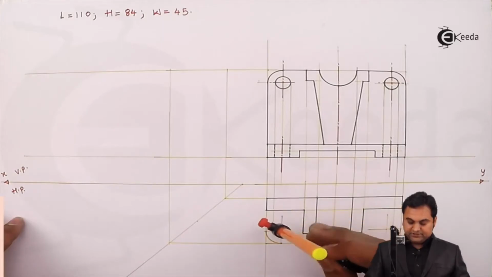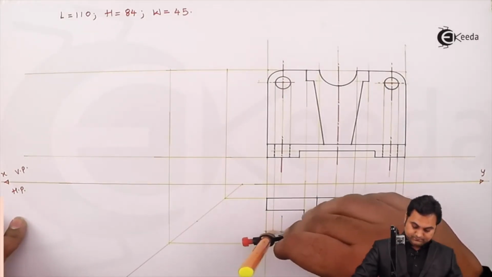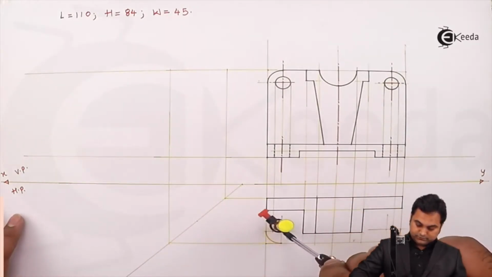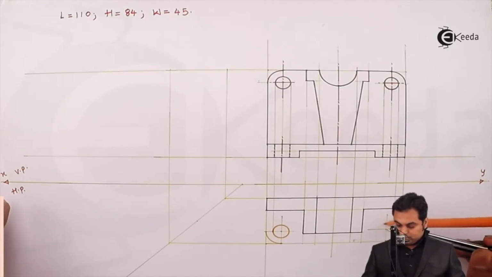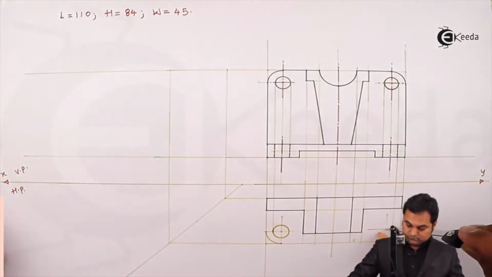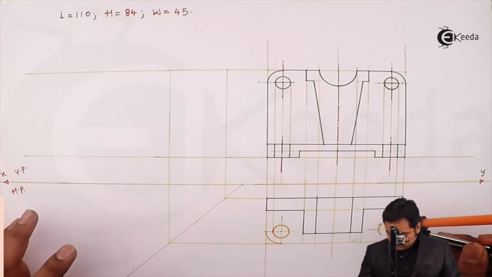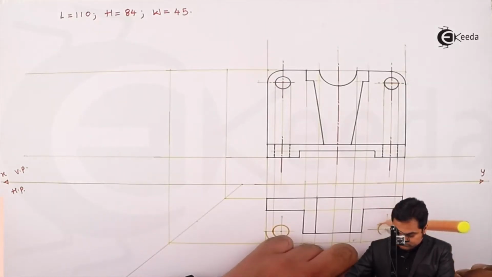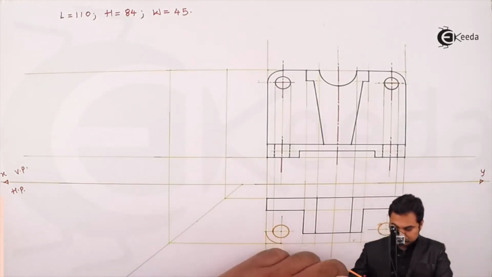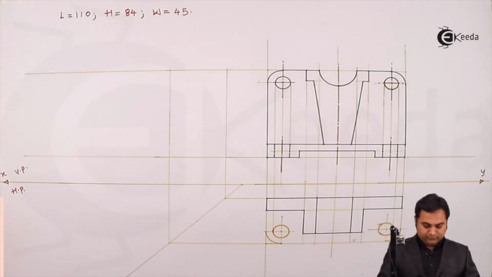So keeping the same center, and here is the radius. Then, as these surfaces are visible from top, I'll be making them dark.